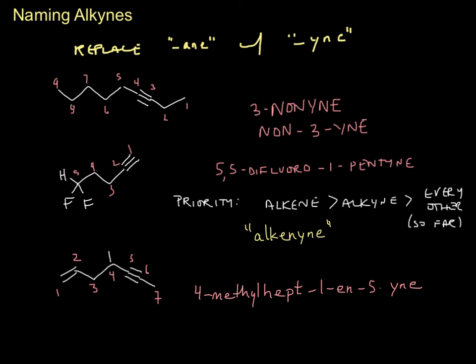So notice that it's an alkene-yne. And we can't put the 1 and the 5 in front of hept because we need to put those numbers with the specific group that they're applying to. So 1 describes the alkene and 5 describes the alkyne.